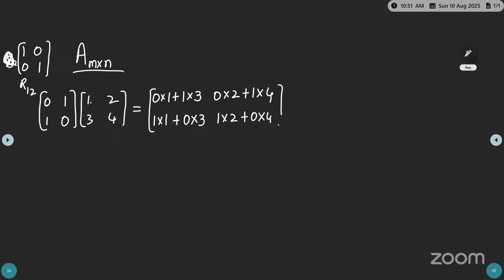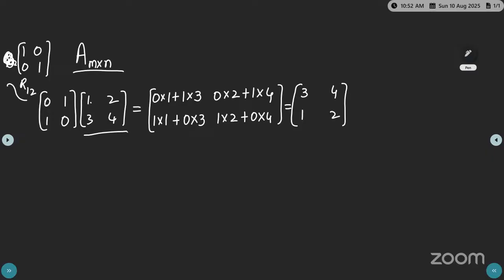What have you got? This is 3. So what is the row transformation we have done? R12. What you are going to get here? 1, 2, 3, 4. Have you got the same row transformation or not?